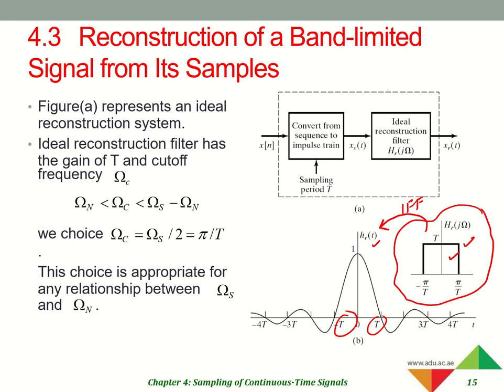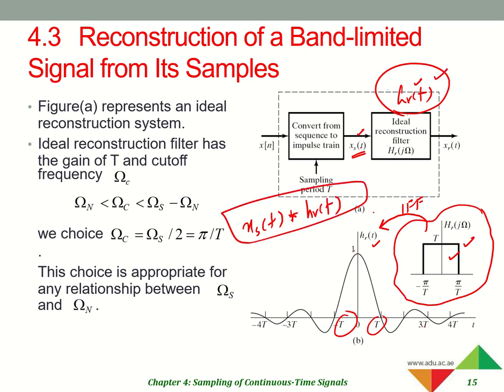In the time domain, what is happening is you get a sampled signal, and here you have this sinc function, and they are actually convolving in the time domain. This sampled signal is convolving with this sinc function.